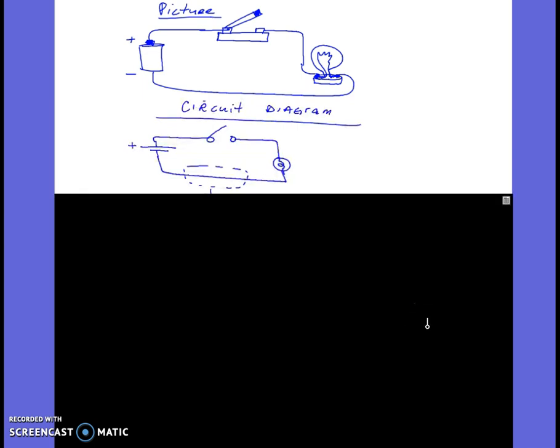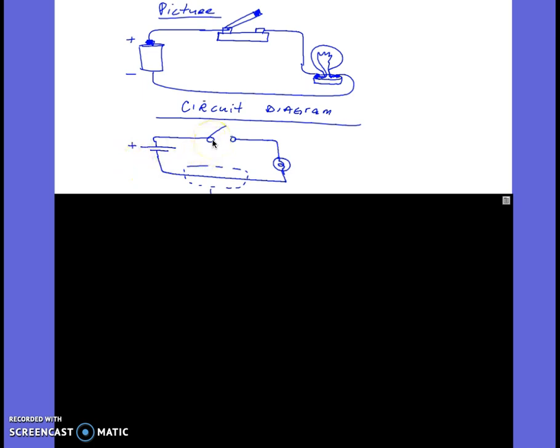Now this is the very same picture, but now we call this a circuit diagram because we're using circuit symbols instead of pictures. And this is the diagram you need to be able to draw based on information you're given. So a battery all by itself is just these two parallel lines. One is longer than the other, and the long line represents the positive side of the battery.